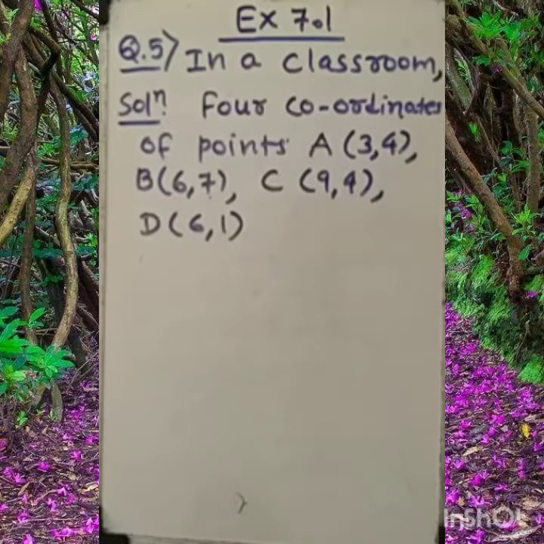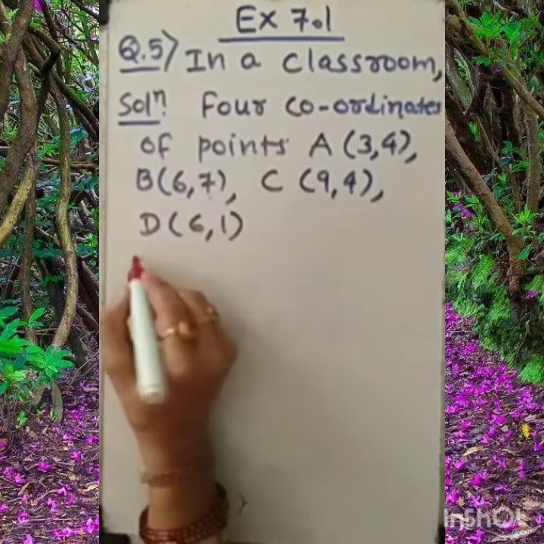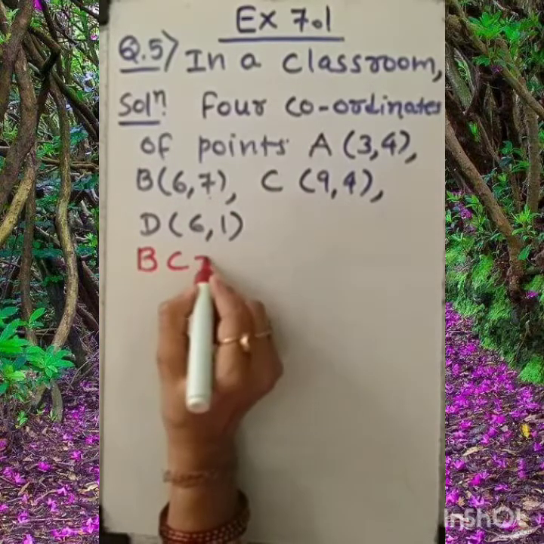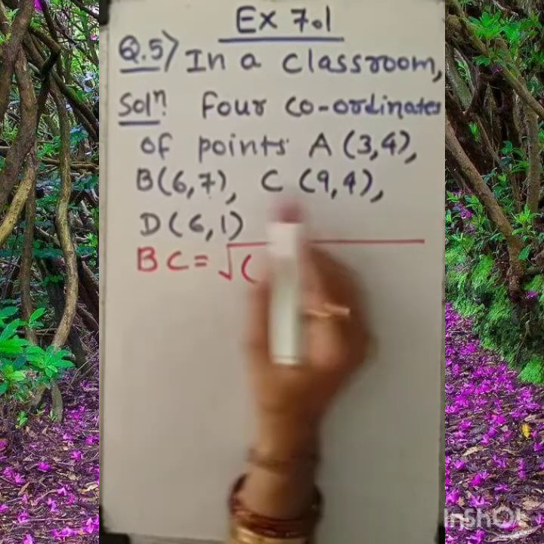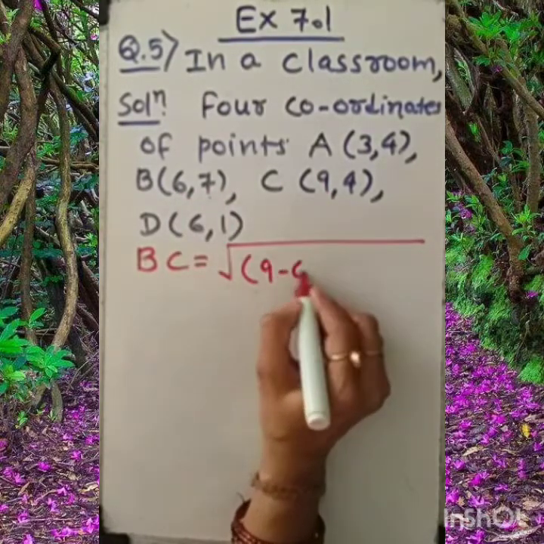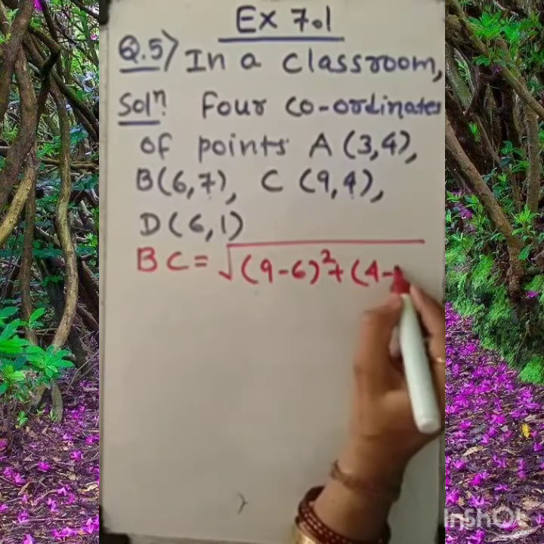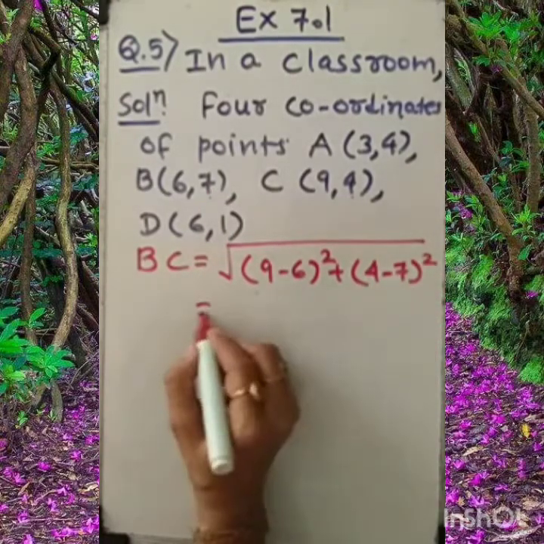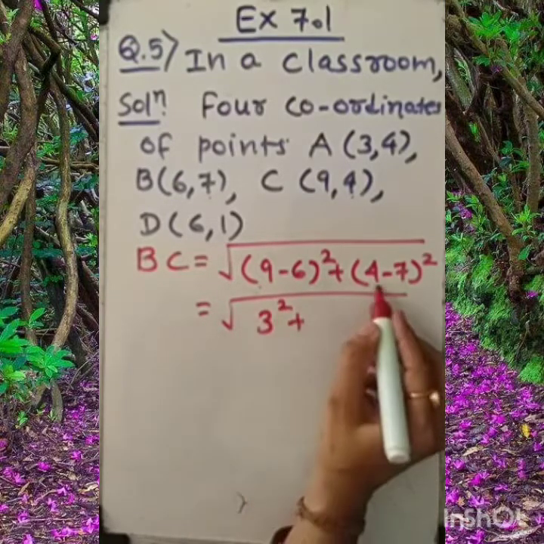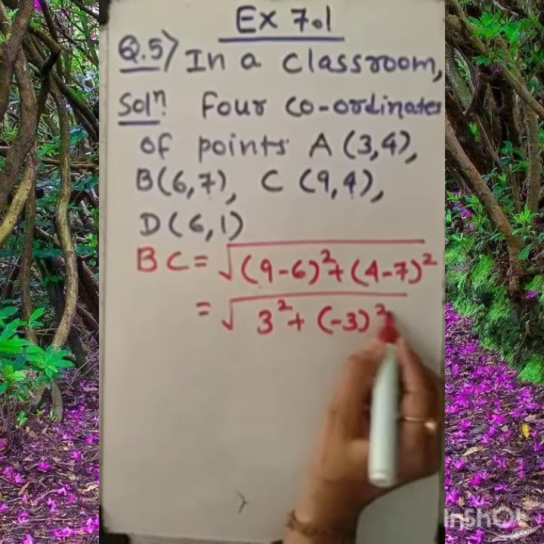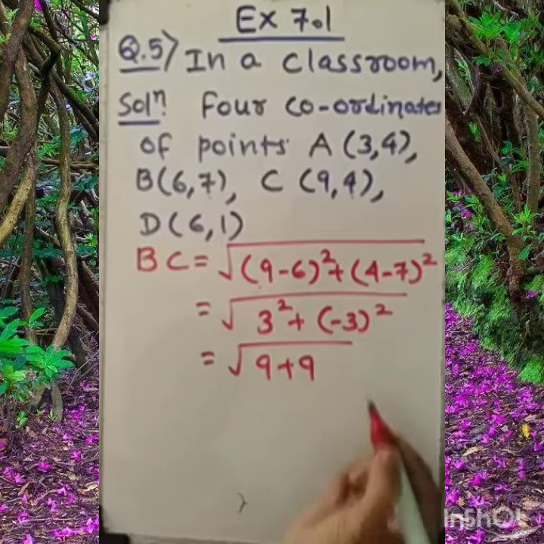Now we have found AB. Now I am working on BC, the other side. Same procedure, I apply the distance formula. This time, 9 minus 6 whole square plus 4 minus 7 whole square. 9 minus 6 is 3 square, and 4 minus 7 is minus 3 square. But you know the square of a negative number is also positive.